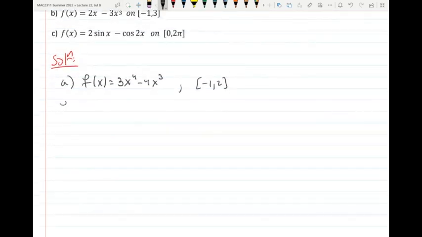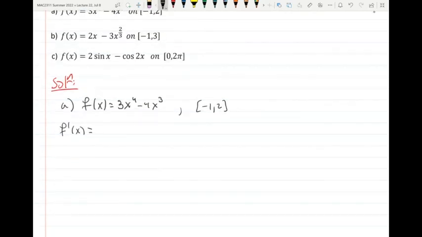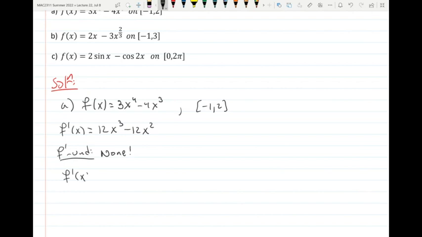So the first thing that we're going to do is find the derivative, because we need critical numbers. The derivative is 12x cubed minus 12x squared. As you know, the derivative is never undefined, so f prime undefined gives us nothing. Now f prime equals 0, so we need to solve this equation.